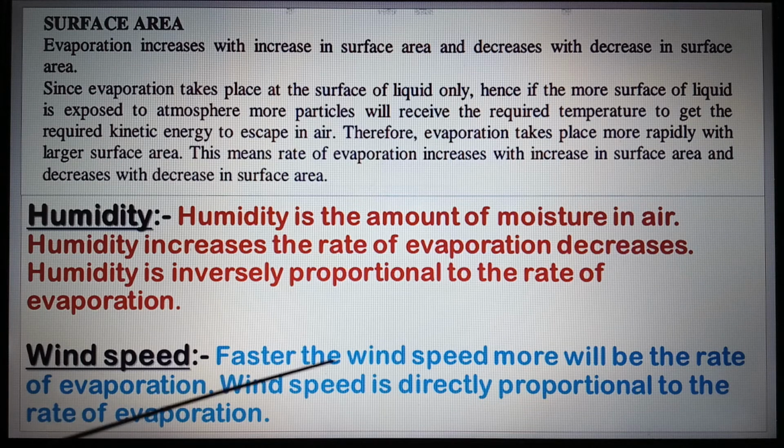That means the faster the wind speed, the more will be the rate of evaporation. That's why we switch on the fan during the rainy season when we keep clothes inside for drying in the living room or wherever it may be. Wind speed is directly proportional to the rate of evaporation. More the wind speed, more will be the rate of evaporation, and vice versa. So these were all the factors affecting the rate of evaporation.